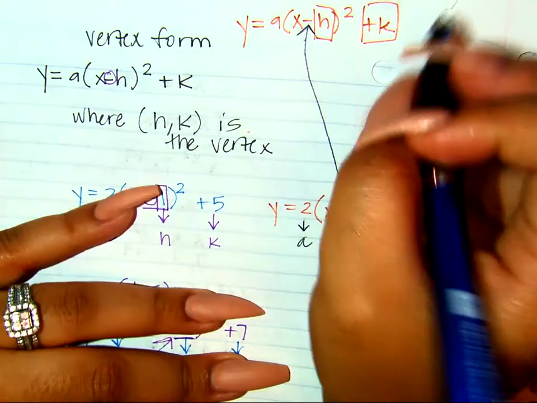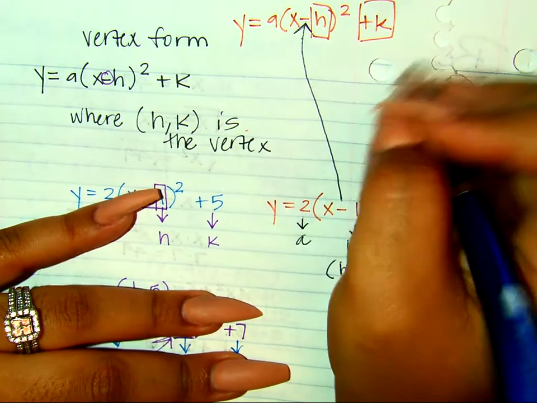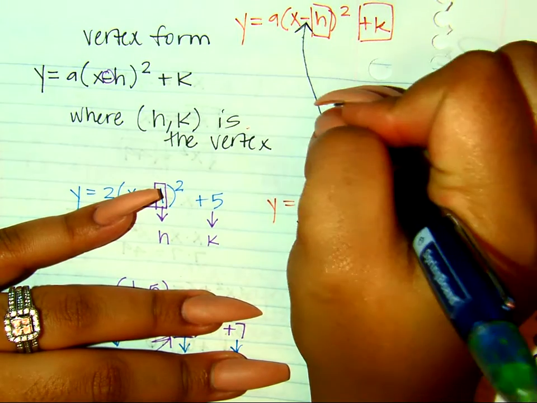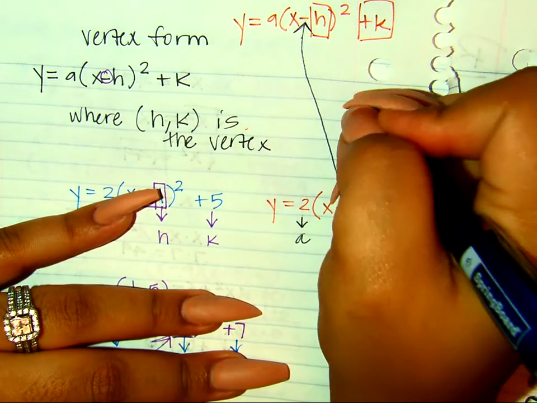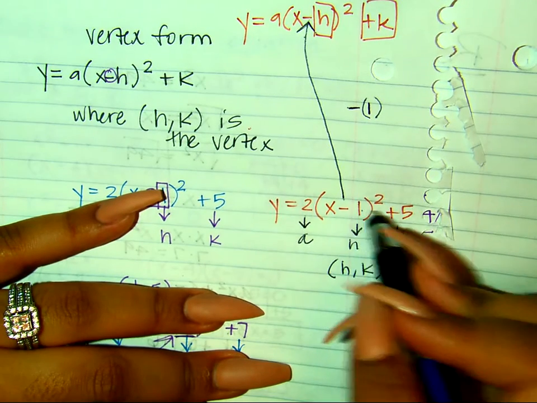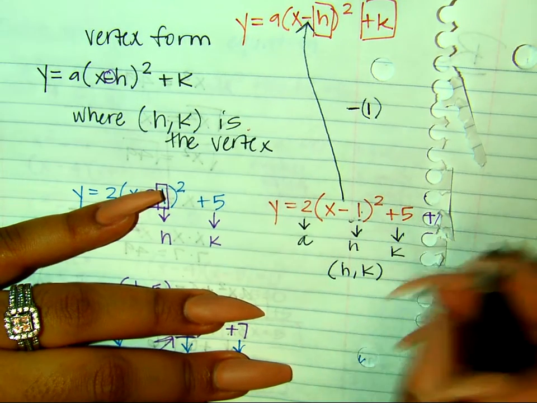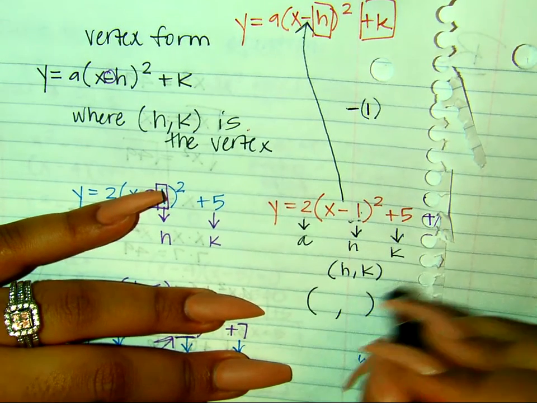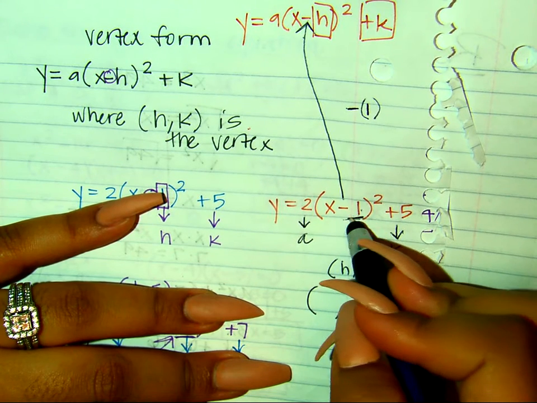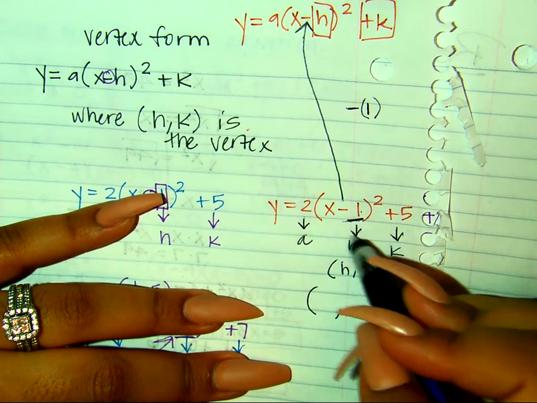So what if I were to tell you that 1 was positive and you already have a negative there? That would be a negative times a positive, which gives me negative, which is why I still have a -1 here. So whenever you're writing the vertex, just look at the actual number without the sign.